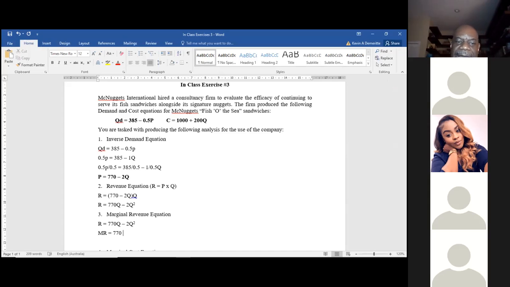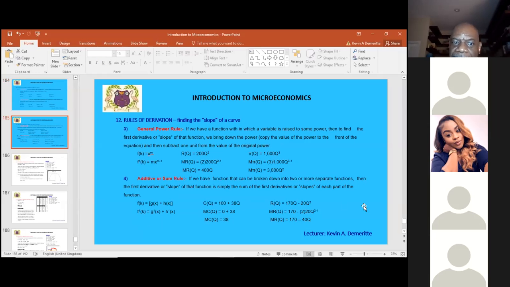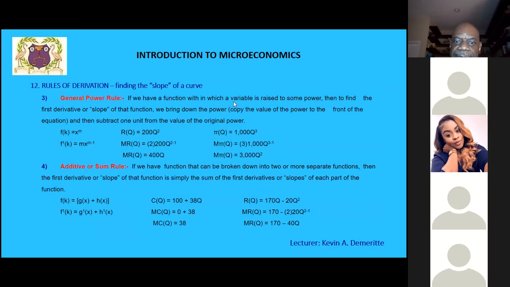Okay, now you have a letter raised to some power. According to our rule, that number cancels out. Is that rule number 3? Here it is. And if you guys can see that, I'm not sure I was sharing it. Yes. Rule number 3 says if you have a letter raised to some power, you bring the power down, and then you subtract 1 from the original power. All right.